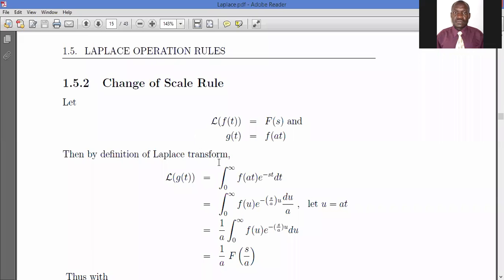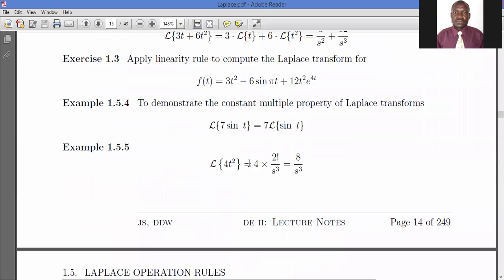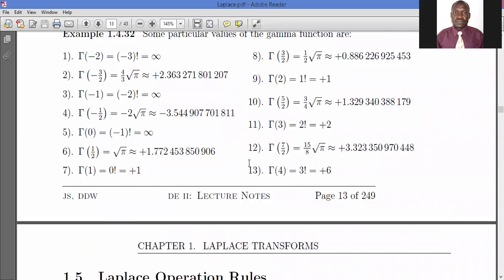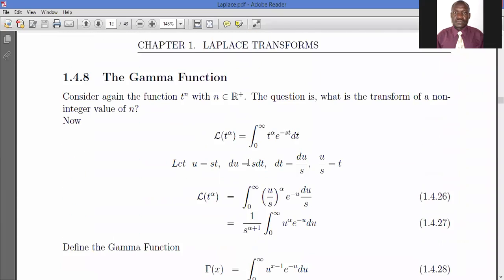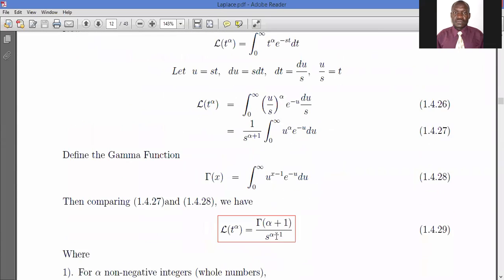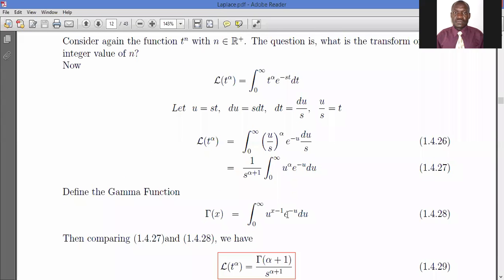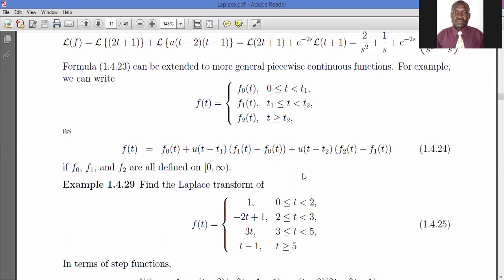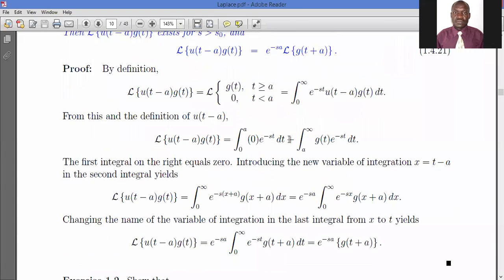But the truth is, this change of scale we have been doing, there is nothing very interesting here. Why? Even in this example of gamma here, we have been changing the scale, and we ended up with our gamma function. Even before, you remember when we looked at the g(t) plus this part here, we had the change of scale in here.